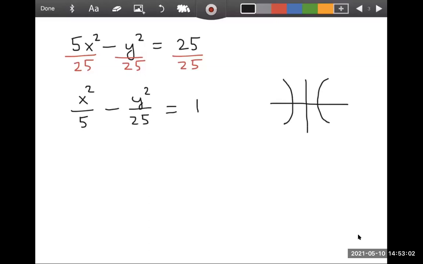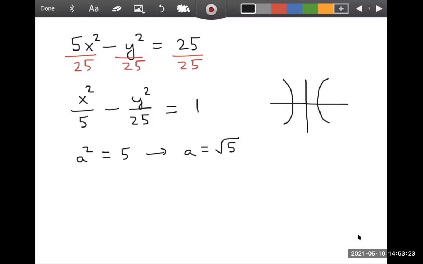Okay, now this one's a little tricky. a squared is 5, which means a is the square root of 5. And I'm going to get my calculator here to give me a little approximation for that.